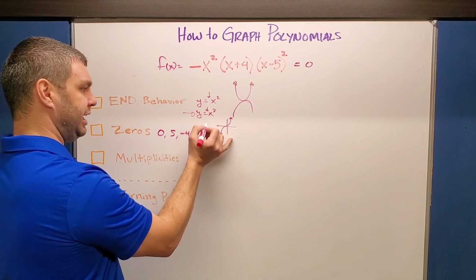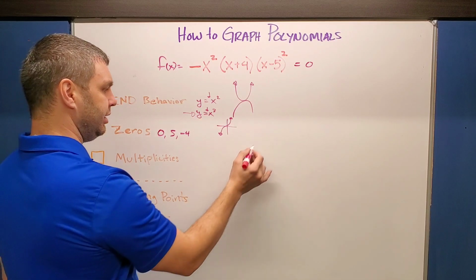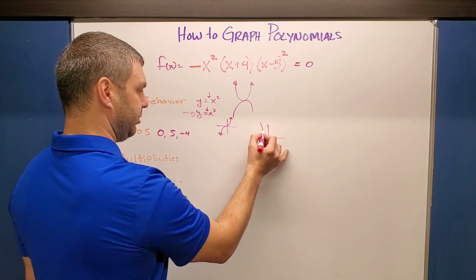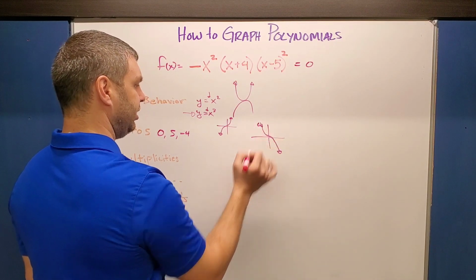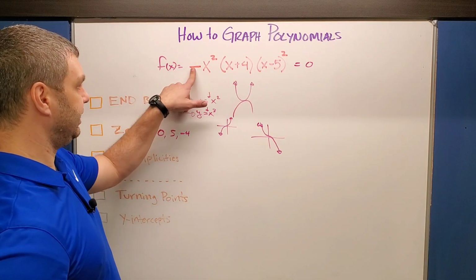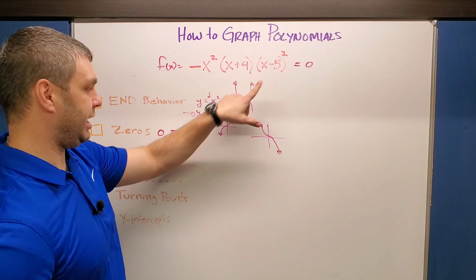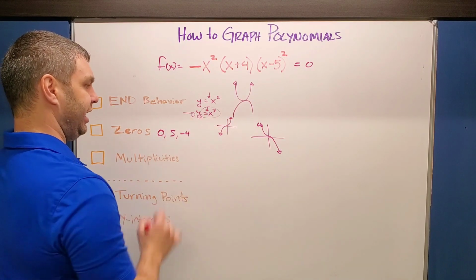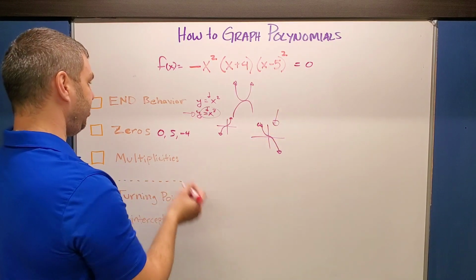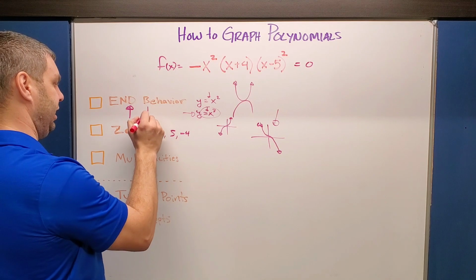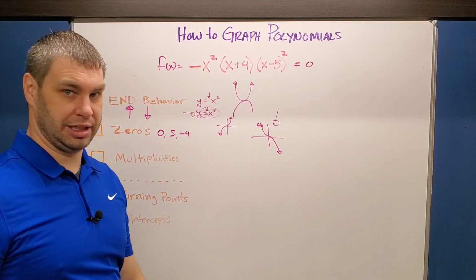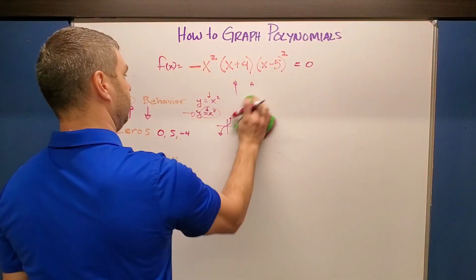But if there was a negative in front, then it would start up and go down. So what's ours? Ours is negative, and we said there's 2 x's, 3, then 4, 5. So it's going to be kind of a negative x cubed one, which means it's going to start up and end down.